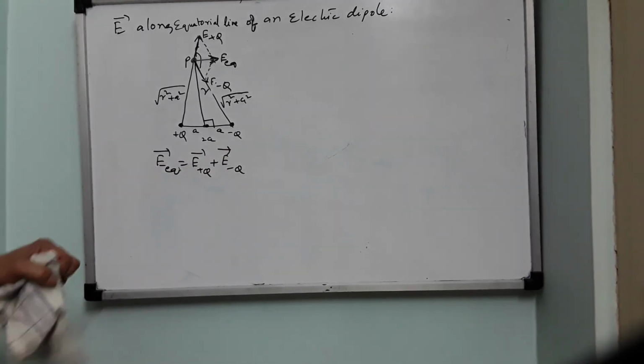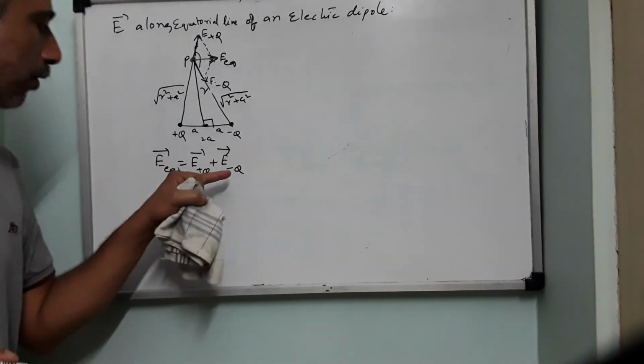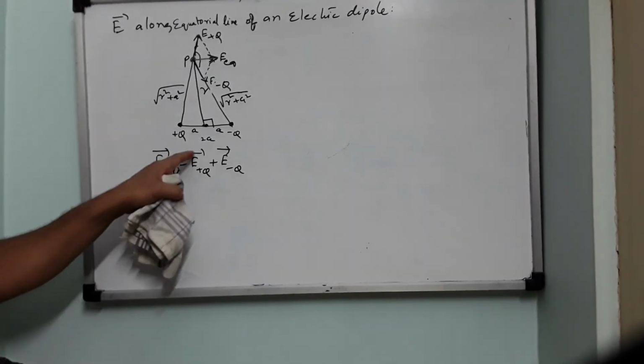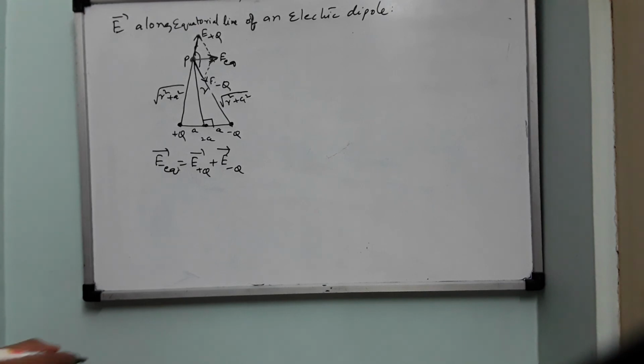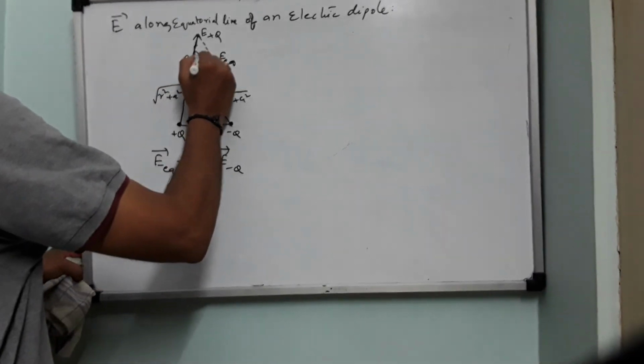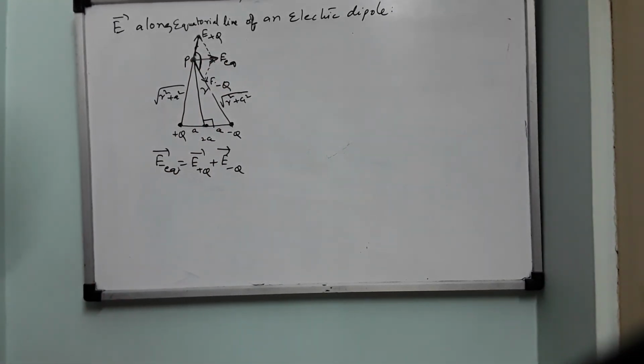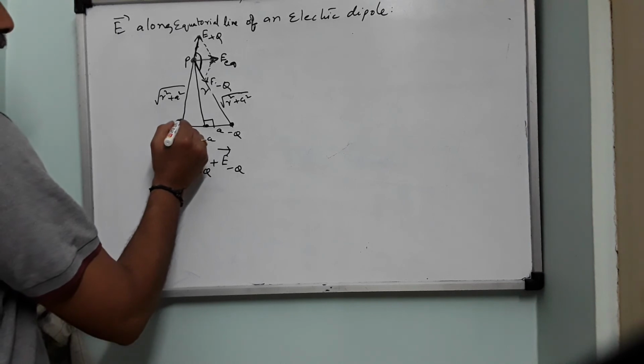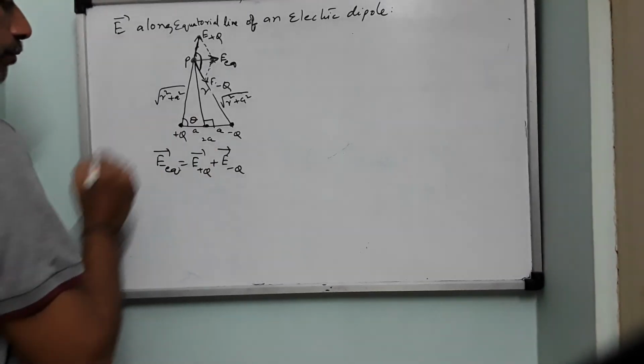Sir, how can you add them? I can add them by vector notation, not by scalar notation. E vector plus E minus Q vector. If I know the angle between E plus Q and E minus Q, I use the formula root over a square plus b square plus 2ab cos theta to calculate the resultant. Now you consider this angle as theta.